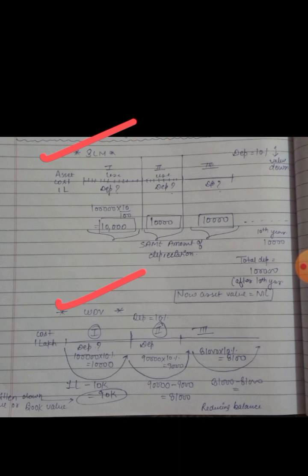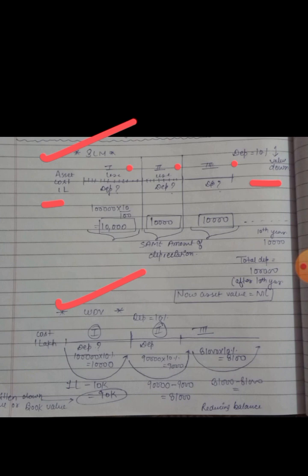Now we take this example. Here the value of the asset is 1 lakh rupees. In the first year we use this machine, in the second year we also use this machine, in the third year we use this machine. The asset cost is 1 lakh. The rate of depreciation is 10%. That means every year you use the machine, its cost reduces by 10%.